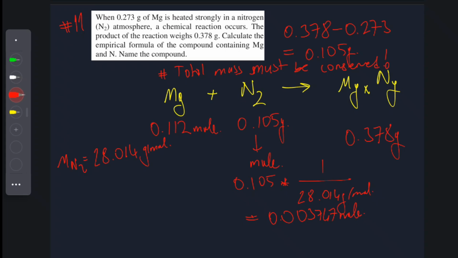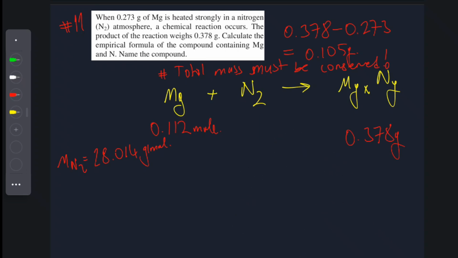So this nitrogen mole number is 0.00374 mole. But we have to consider the number of atoms or moles. So we have to multiply this number by 2, since there are 2 nitrogens in N2.